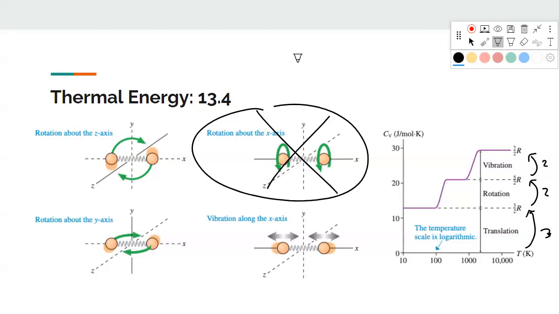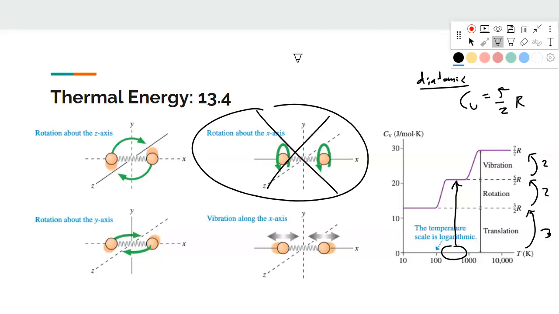And so as we discussed yesterday, for a diatomic molecule, so any gas that's not a noble gas, we get a constant volume heat capacity of 5/2R. And the reason is that normal temperature ranges happen to fall in this region where rotation is an active mode of motion, but vibration isn't. So gases in normal conditions only have energy in translational motion and rotational motion, not in these vibration modes.